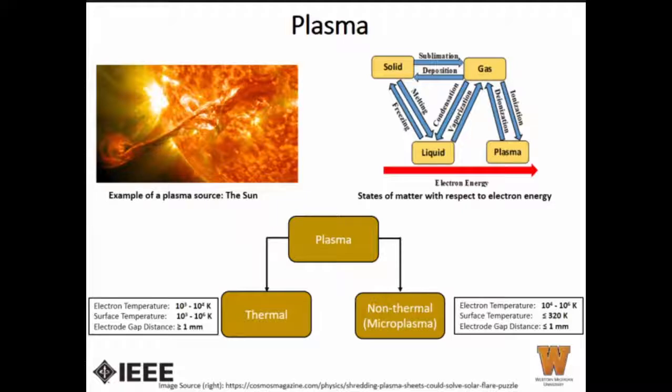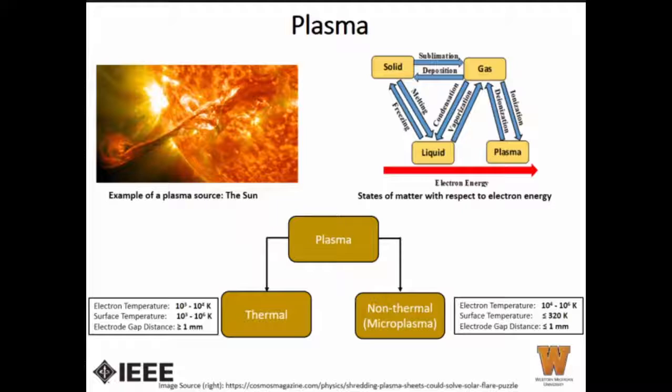One is thermal, the other is non-thermal. Thermal is the one where the electron temperature is the same as the surface temperature of the plasma. To form thermal plasma, also called equilibrium plasma, the electrode gap is usually more than 1 millimeter.